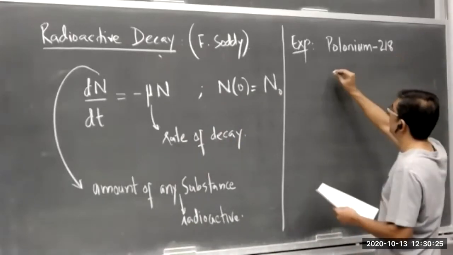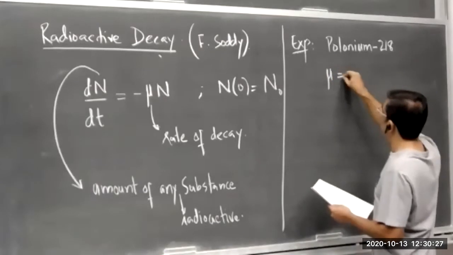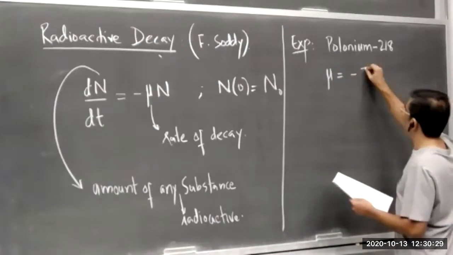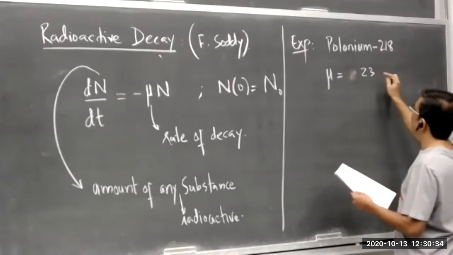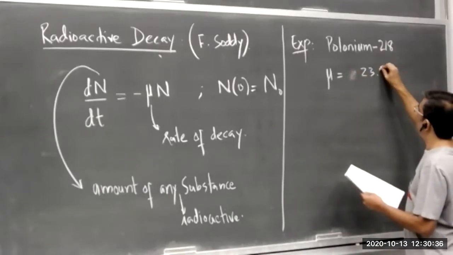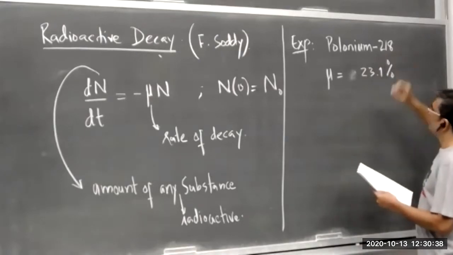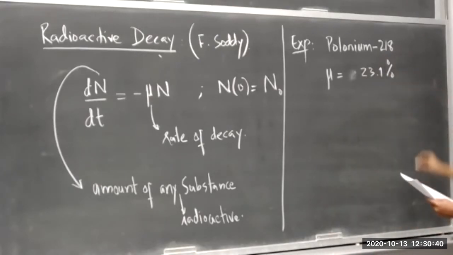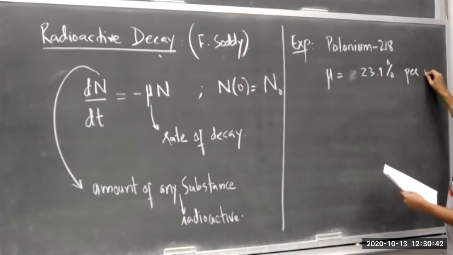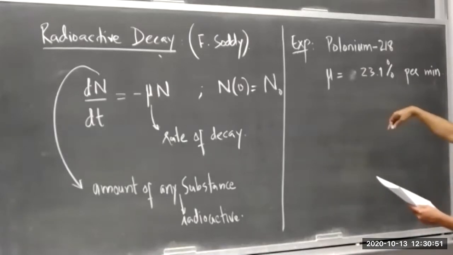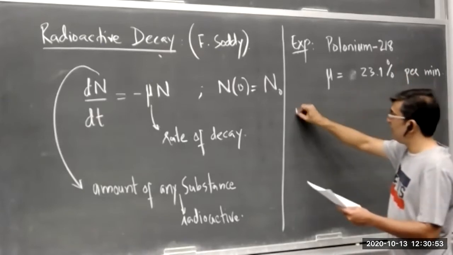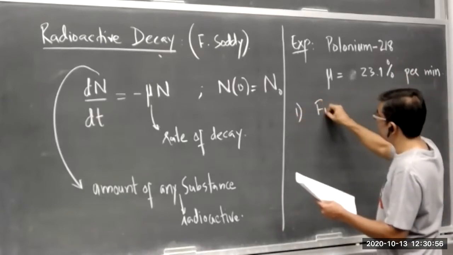The decay rate is negative 23.1%, because a decay rate is definitely negative. It is the decay rate per minute. And we have to find the equation that satisfies this situation. Find the ODE.